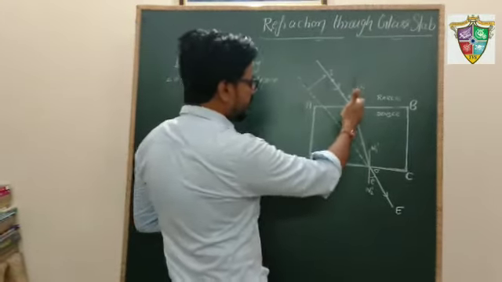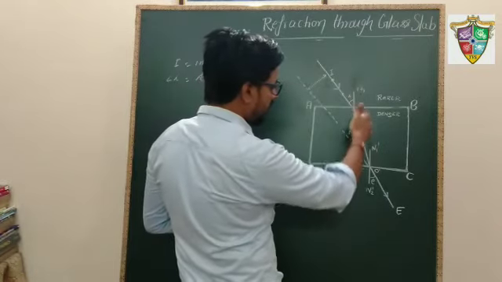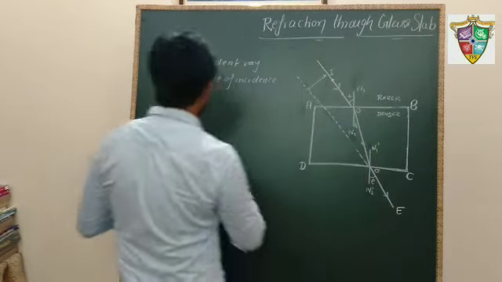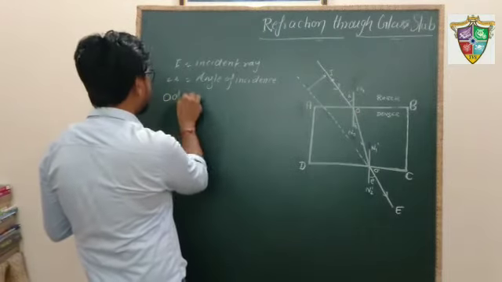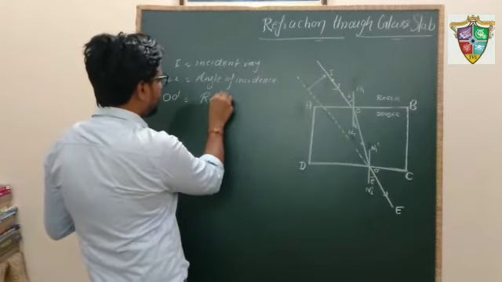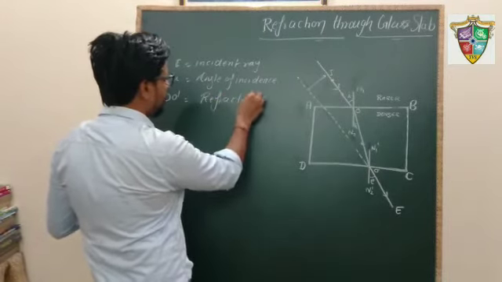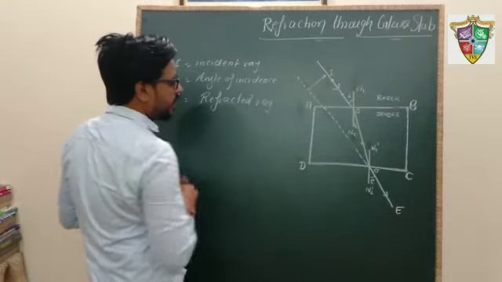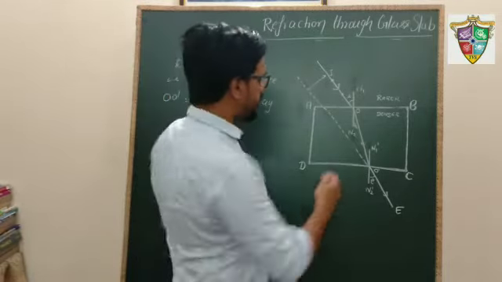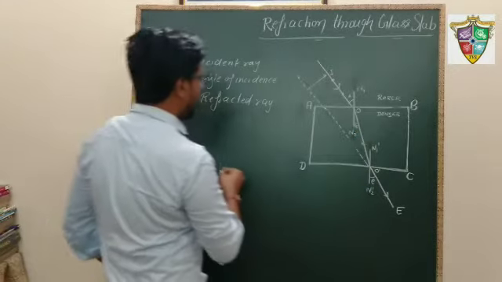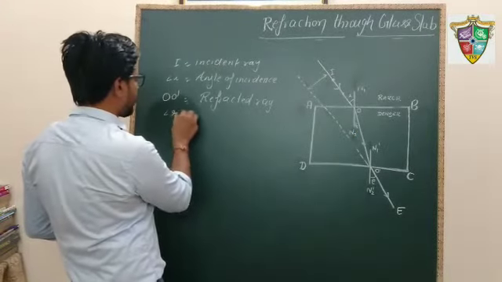Now this ray bends towards the normal and goes like O to O dash. So this O dash ray is known as the deviated ray, termed as the refracted ray, and the angle which is made by this refracted ray with the normal N1 N2 is the angle of refraction.